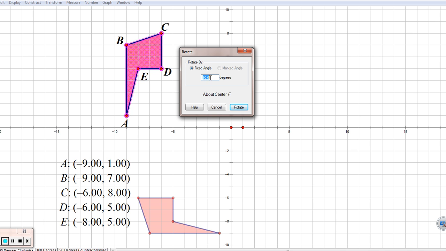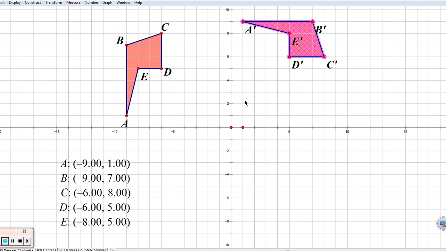Now notice I have a box here with a number of degrees inside. I want to put in a negative 90 degrees right now. It doesn't really mean anything to us personally, but to Sketchpad, that means I'm going to go 90 degrees in a clockwise direction.